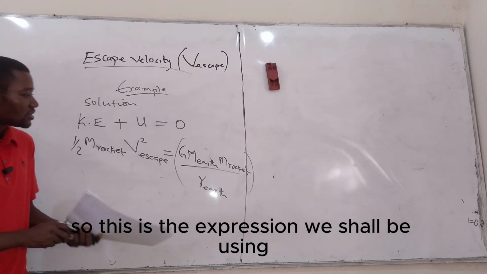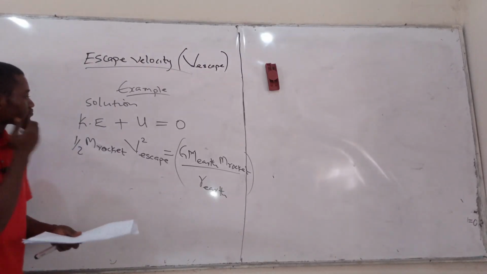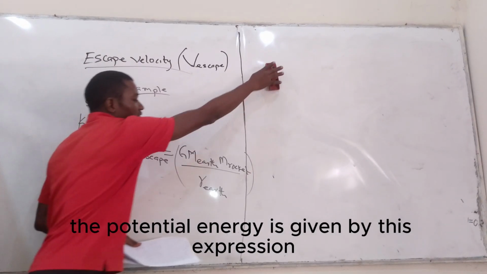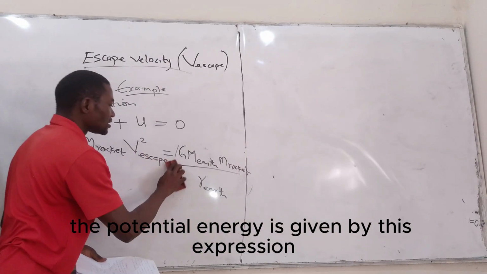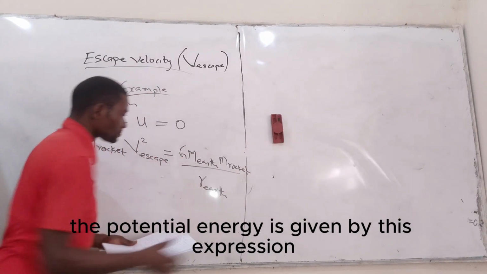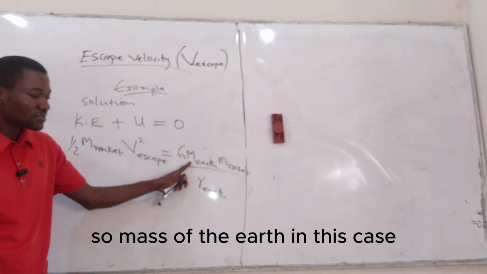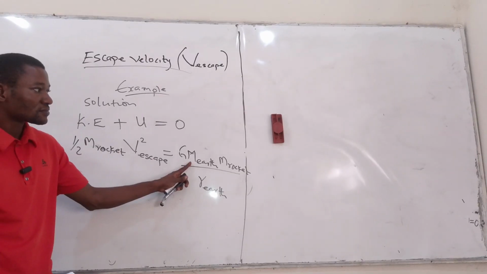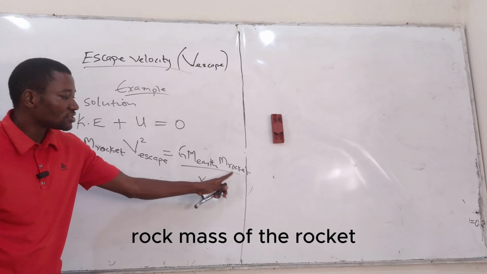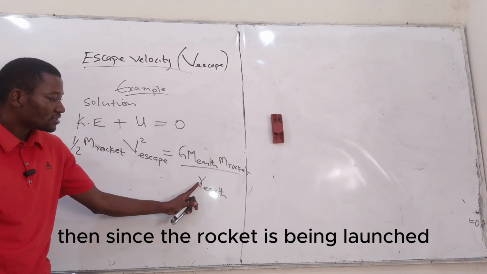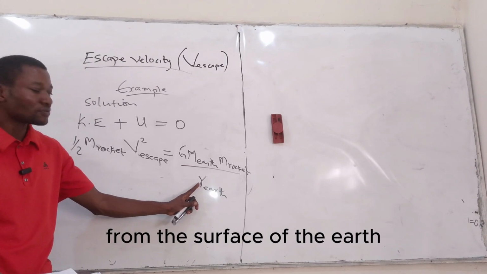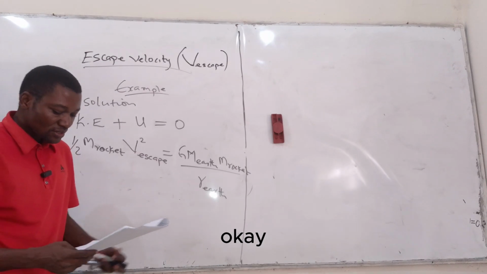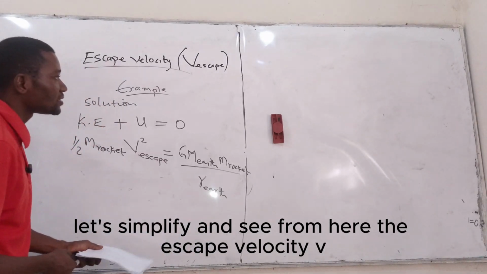So this is the expression we shall be using. The kinetic energy is equal to this. The potential energy is given by this expression. So mass of the Earth, in this case, the planet we are looking at is the Earth, and mass of the rocket. Then since the rocket is being launched from the surface of the Earth, we are using the radius of the Earth. Okay, let's simplify and see.